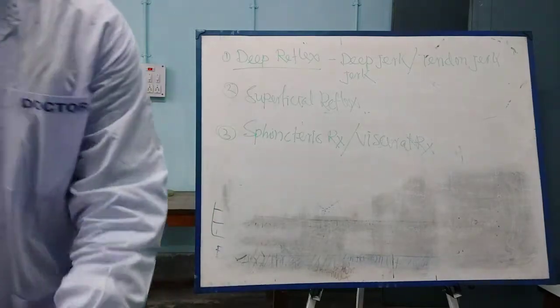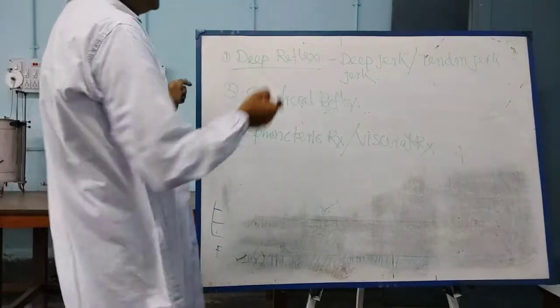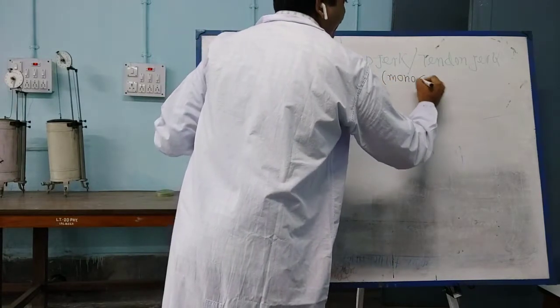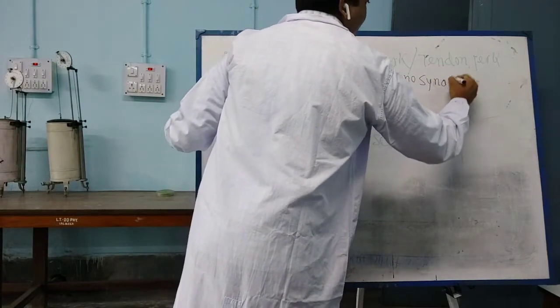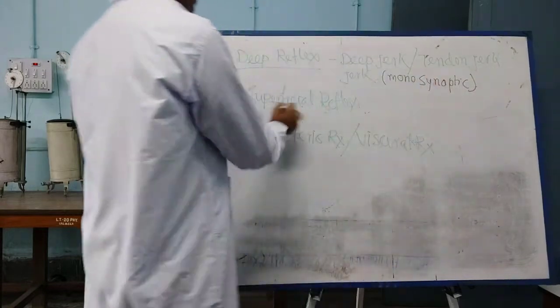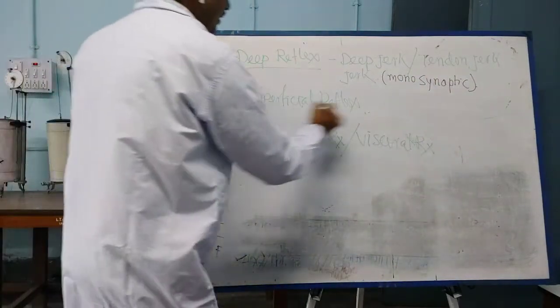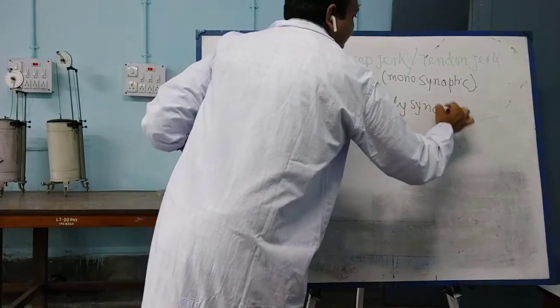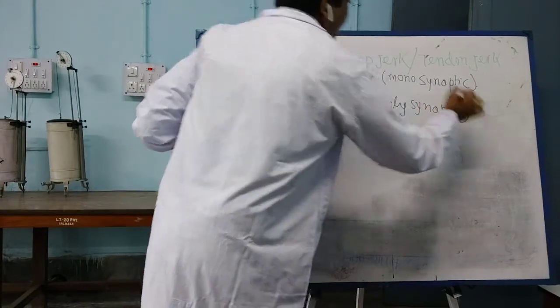Now, deep reflex, deep jerk, is usually monosynaptic in nature, and superficial reflexes are polysynaptic in nature.